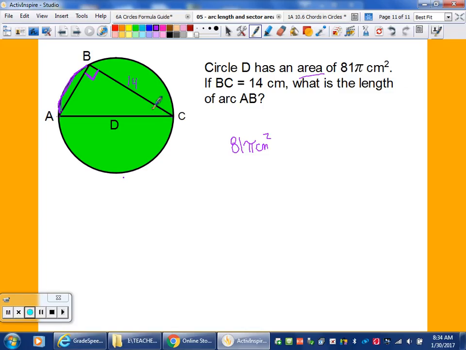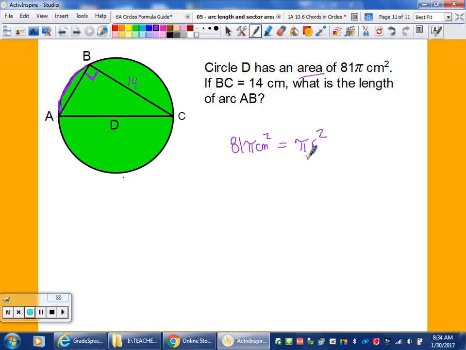So we have to use a little bit of knowledge to figure these things out. What we have to use is this area to find our radius, because we know that area is pi times the radius squared.